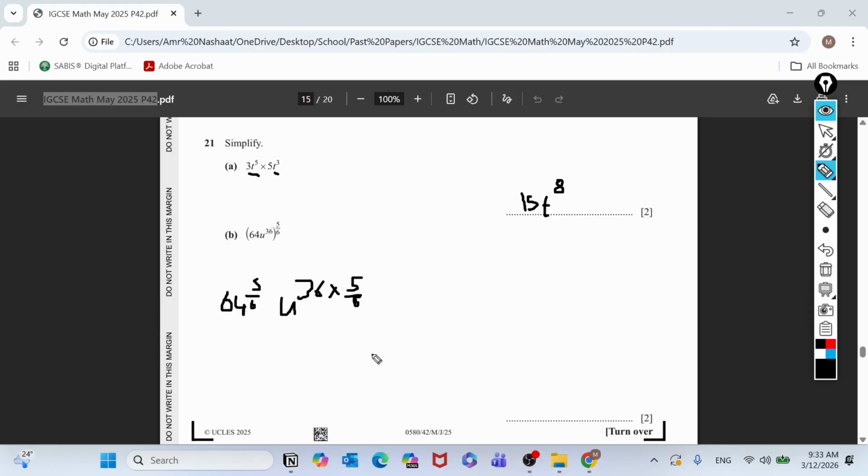You can put 64 to the power of 5 over 6 on your calculator and you get 32. And then u to the power of 36 times 5 over 6. Do 36 times 5 over 6 on your calculator, you're going to get 30.